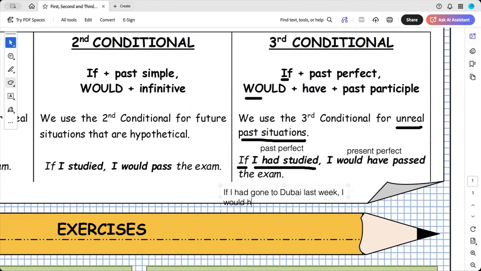I would have got, I'll move this up, got or gotten stuck. Because it depends on when you're watching this. This video is being made during the strikes on Iran, so the airport in Dubai is closed.